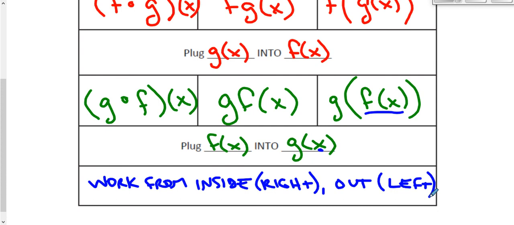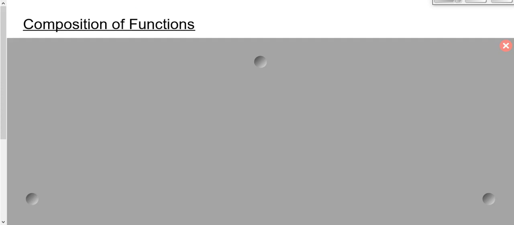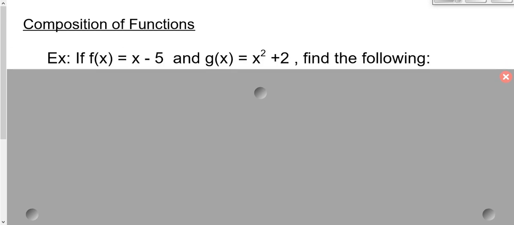So let's go ahead and take a look at what this composition is going to look like in our notes. So right after your work in your notebook for operations with functions, let's go ahead and look at composition of functions. We'll try out some examples here. This time, our examples are going to use these equations here.